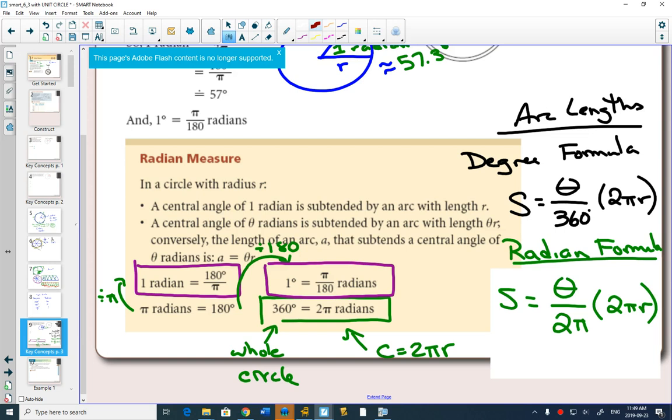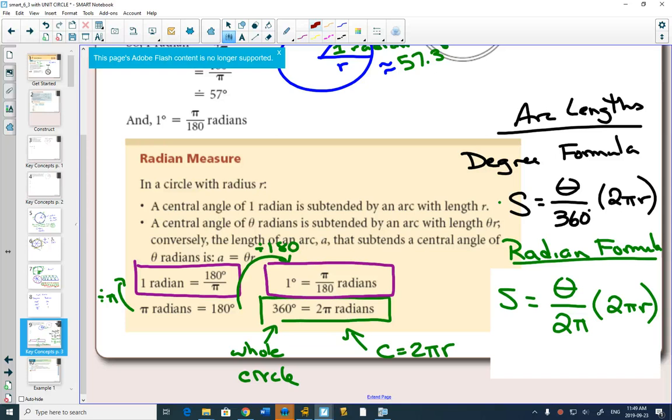Now, even though I really like this formula and this method because it looks identical to the other formula that we made, and it makes sense as a proportion of the circumference, at this point, mathematicians cannot resist simplifying. The simplifying is just so obvious and so easy.